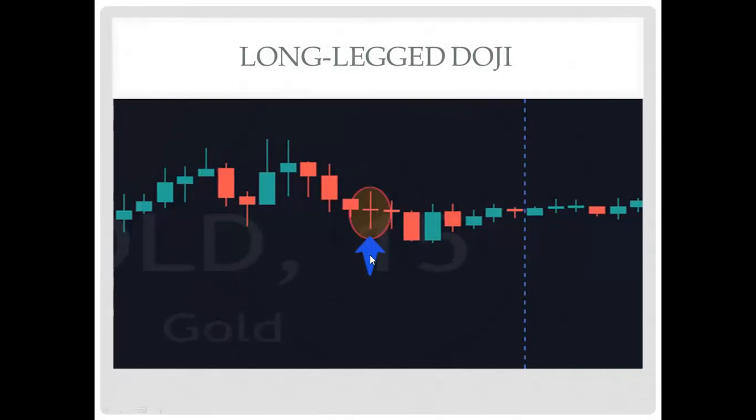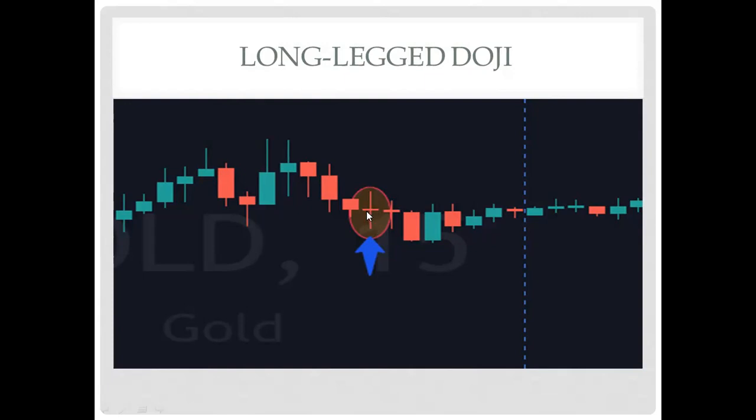These are long-legged doji. You can see the upper shadow and the lower shadow are extended, and this extension is what signifies greater volatility, meaning that there is high volatility, and therefore the market is moving up and down, creating this kind of long-legged upper and lower wick.